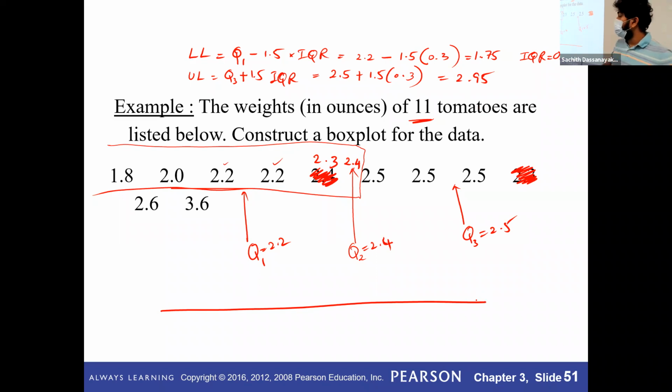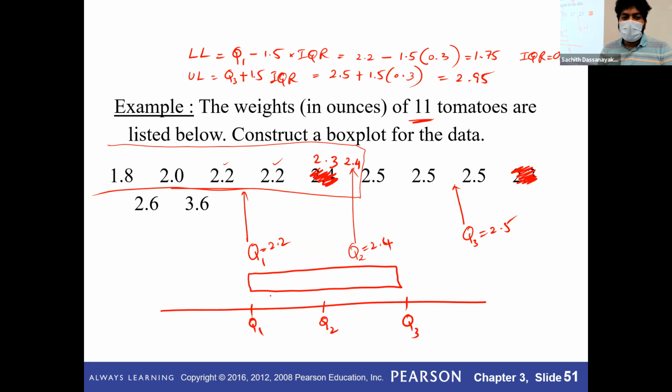Don't draw these brackets, what I'm going to draw here. This is your Q2, this is your Q1, this is your Q3. I'm not going to write the values, you know the values. So now you have your box like this. Tell me, is the gap between Q1 and Q2 greater than or less than the gap between Q2 and Q3?